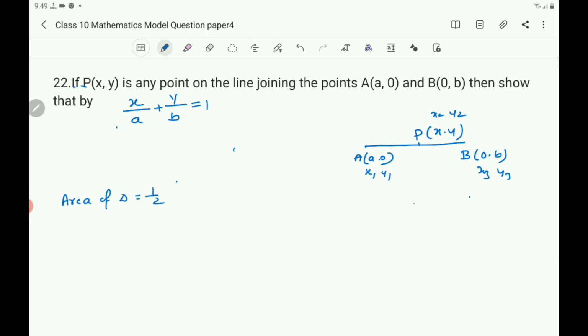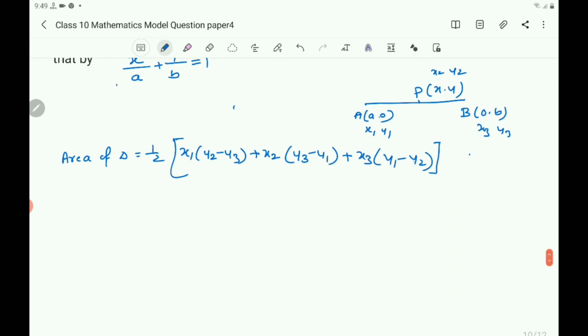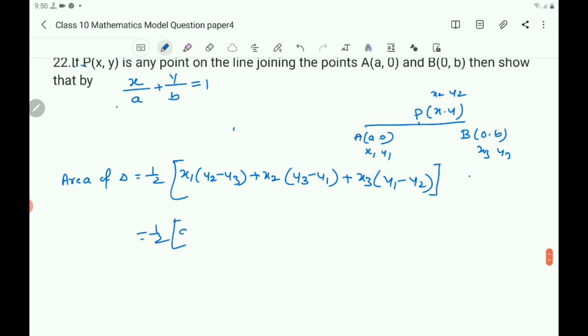Area of triangle equals half into x1 into y2 minus y3 plus x2 into y3 minus y1 plus x3 into y1 minus y2. Now you write 1 by 2, x1 is a into y2 is y, minus, here you take the area as 0 because they are collinear points.